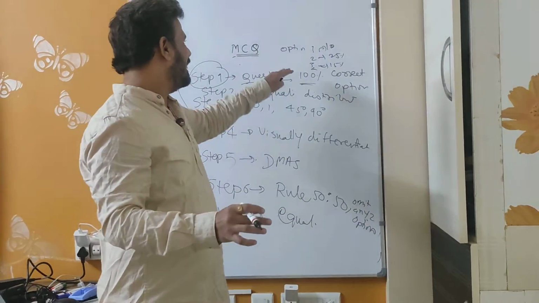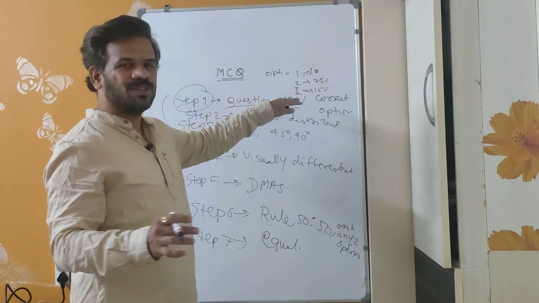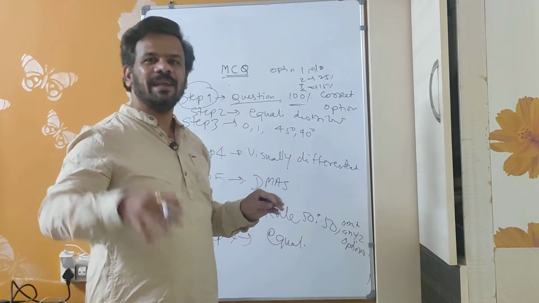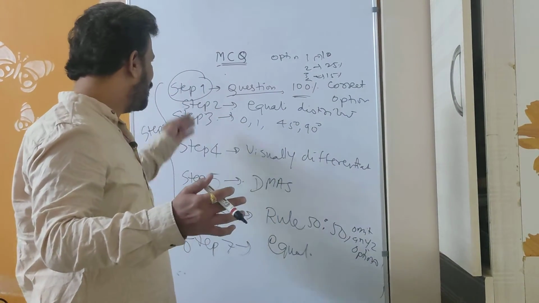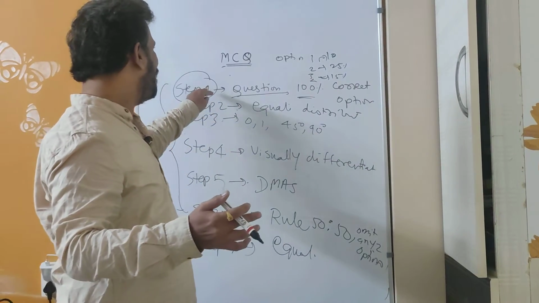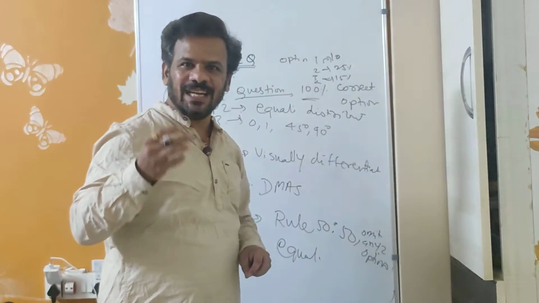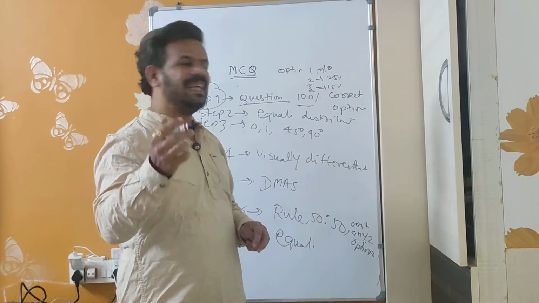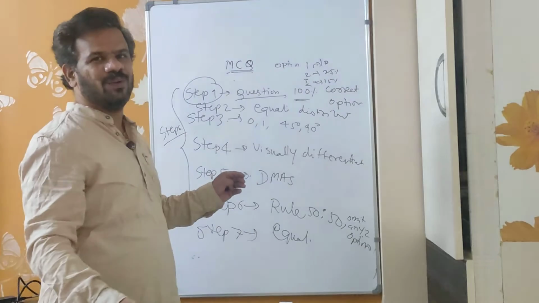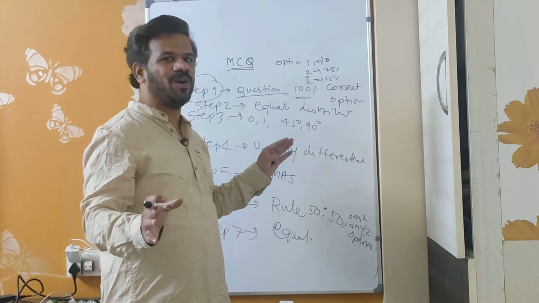Then the remaining options you can easily answer with step 2 to step 7. But if your step 1 fails, answering correct options less than 20% or 15 or 10%, then these techniques will not help you. So basically knowledge is a must. Your basic knowledge is important.